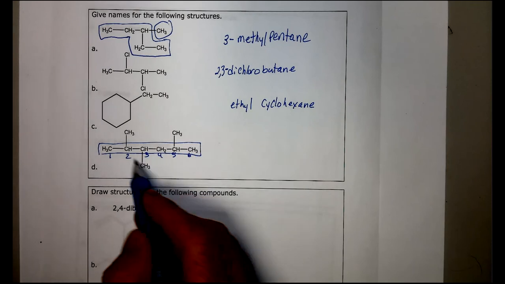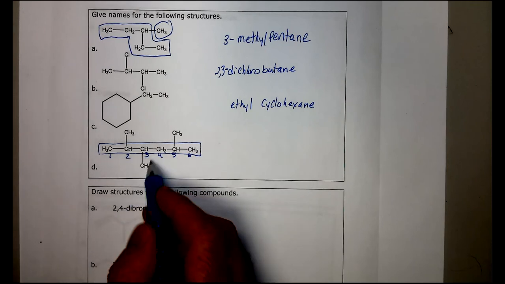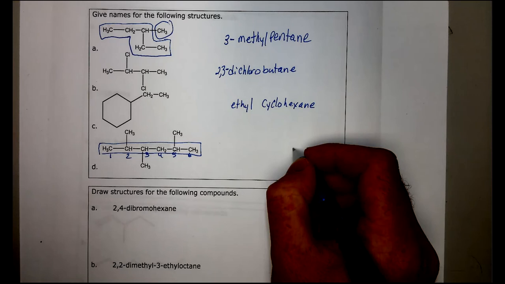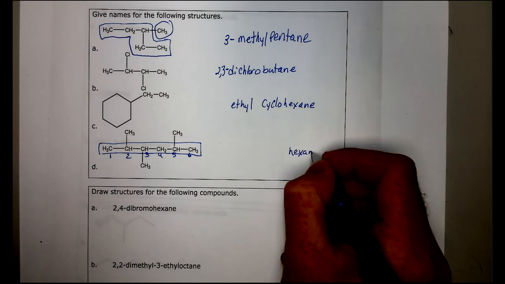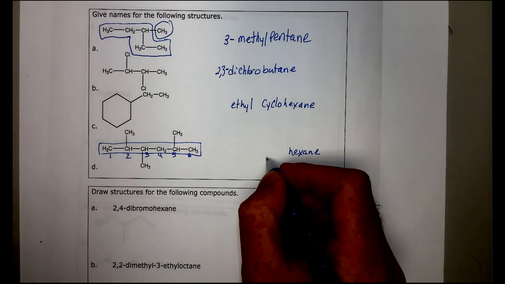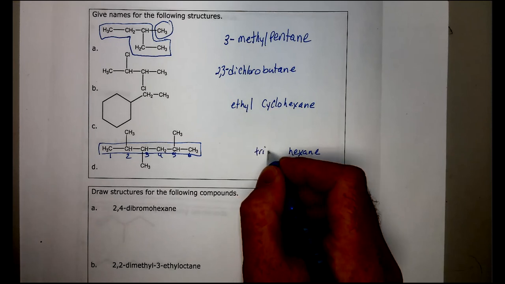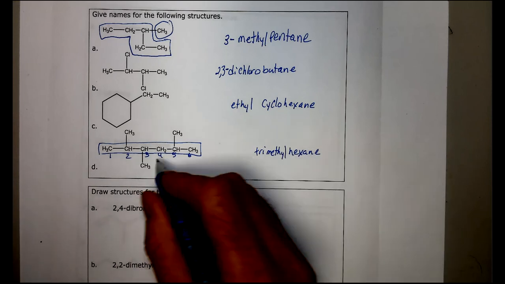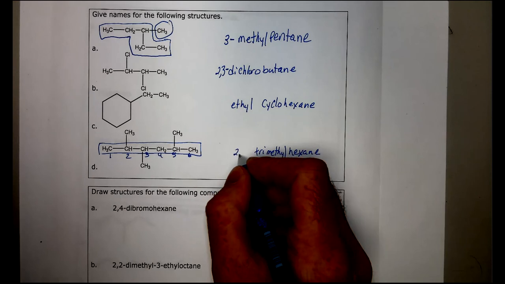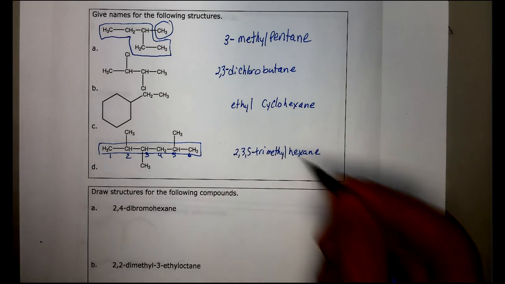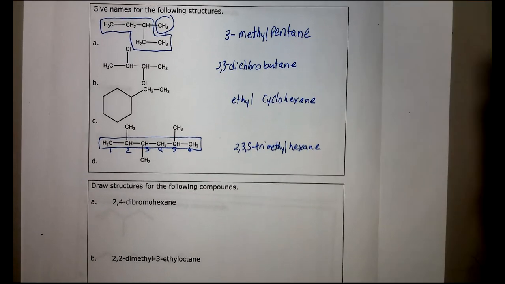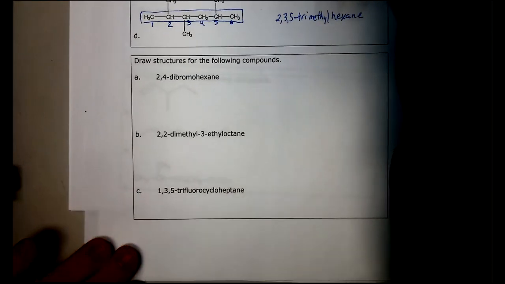It gives our substituents the lowest possible number, and this substituent gets a lower number. So it's going to be hexane, and it's going to be trimethyl. And so it's going to be 2, 3, 5-trimethylhexane.